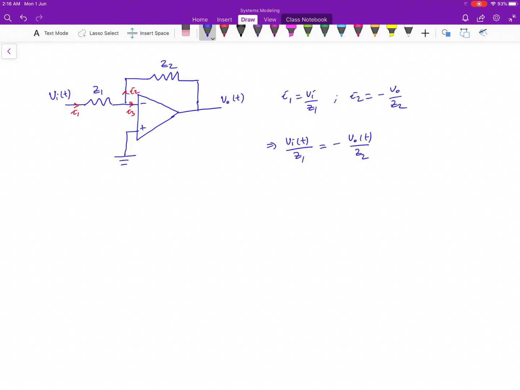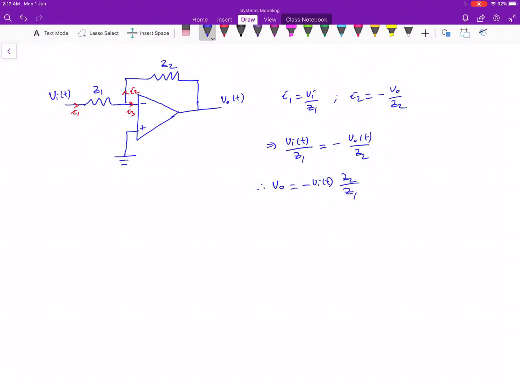I've written this in terms of the time domain, so we know that to get the transfer function, we need the Laplace transform of it. Therefore, we can have V naught is equal to minus Vi of t Z2 over Z1.